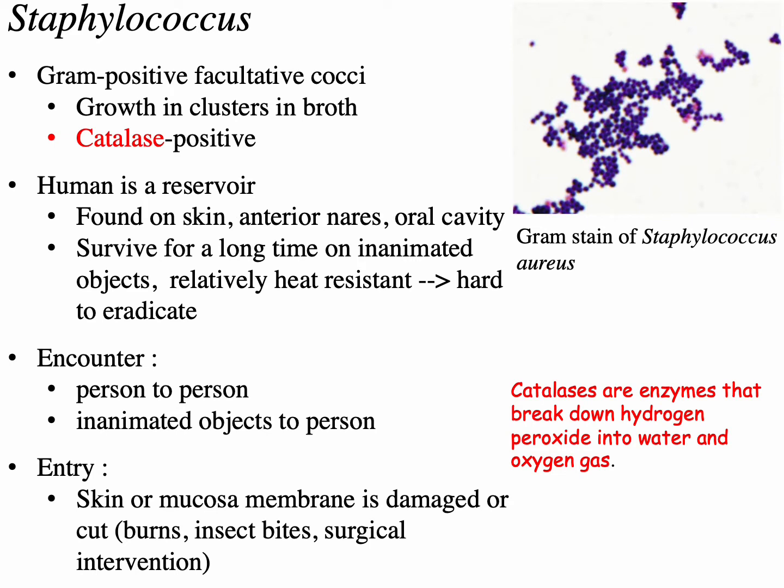As long as it stays there, it will not cause any problem. But if there is a breakage or damage to the skin or mucosa, for example from burns, insect bites, or surgical intervention, they get an opening to get into the underlying tissue, and that is where they start the infections.